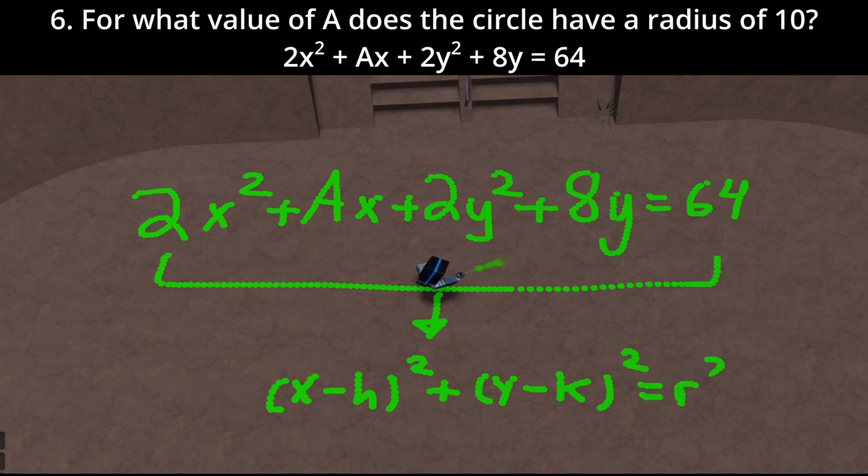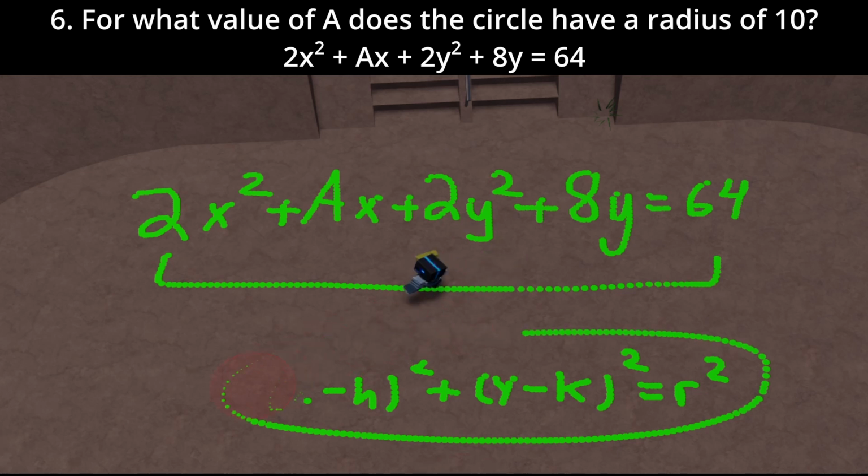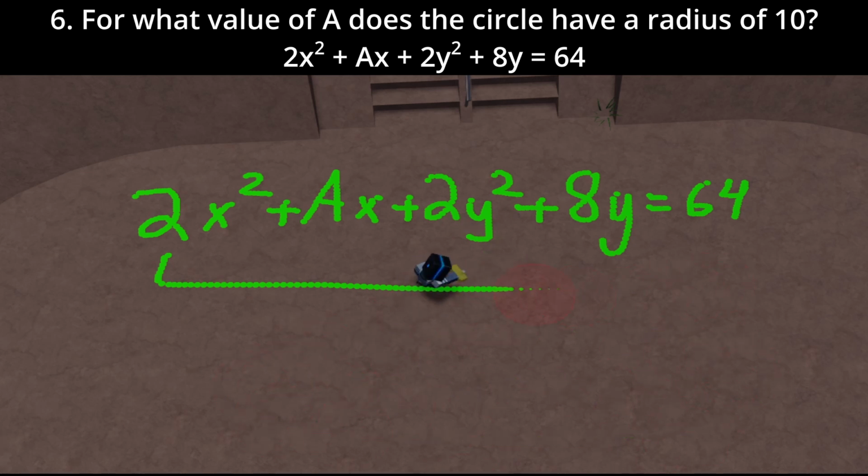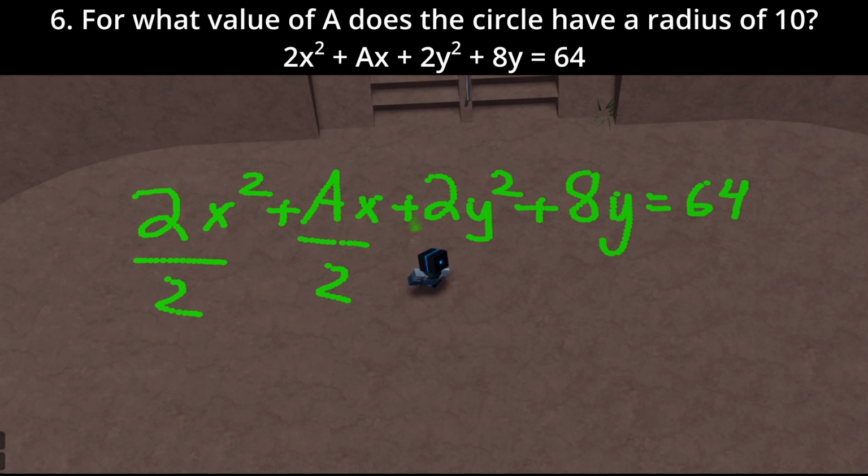So I have to figure out how to transform all that stuff up top into this equation below. So let's work on that. First thing I'm going to do is divide this whole equation by 2, because notice how we have 2x squared and 2y squared. I don't want to work with that. I want to work with x squared and y squared only. So let's divide everything by 2.